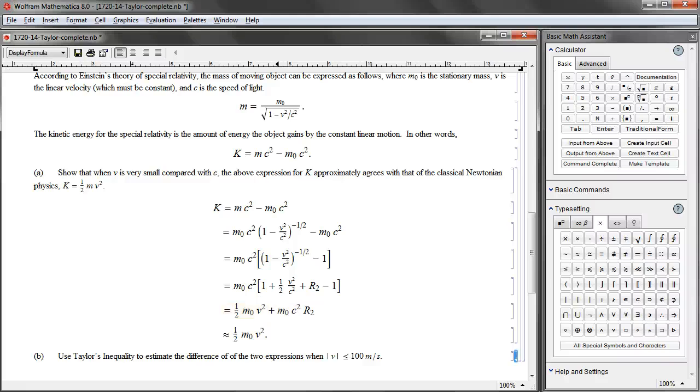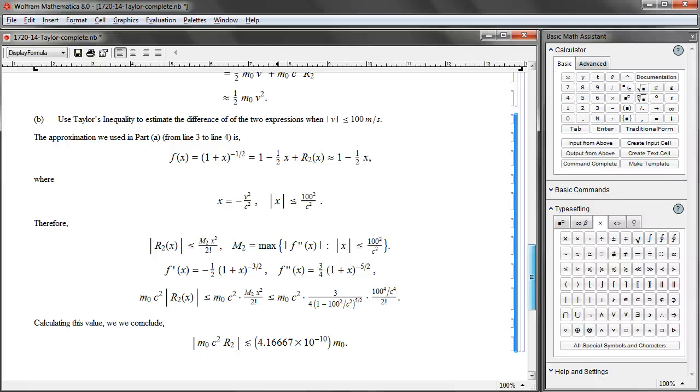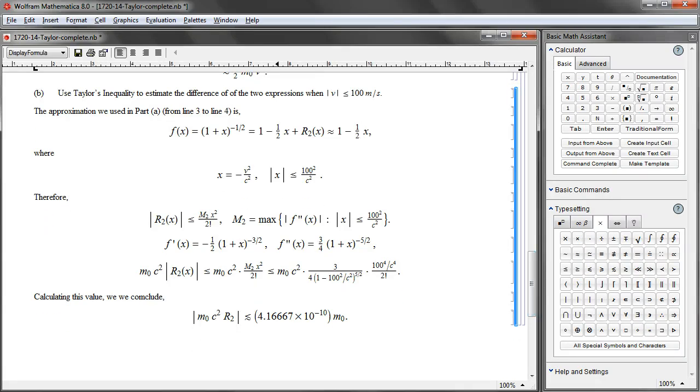And this is what it's talking about. v is less than 100, which means M2 is, in this case, 100 squared over c squared, like this. And c is the speed of light. It's humongous. Do the computation, you're going to get something really, really small, so it's okay to do the approximation.